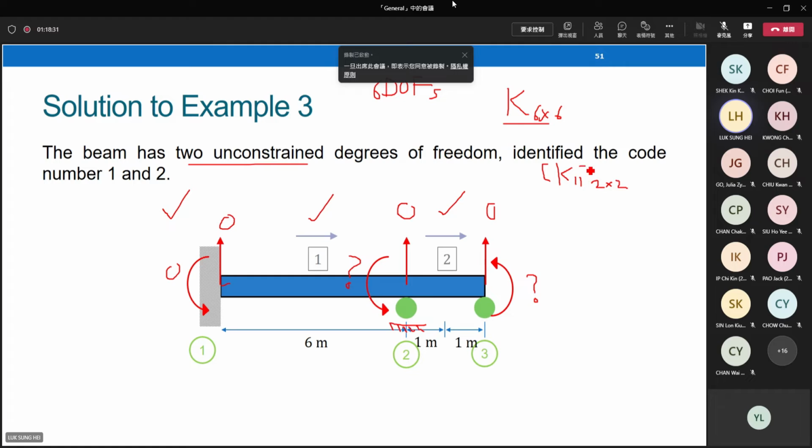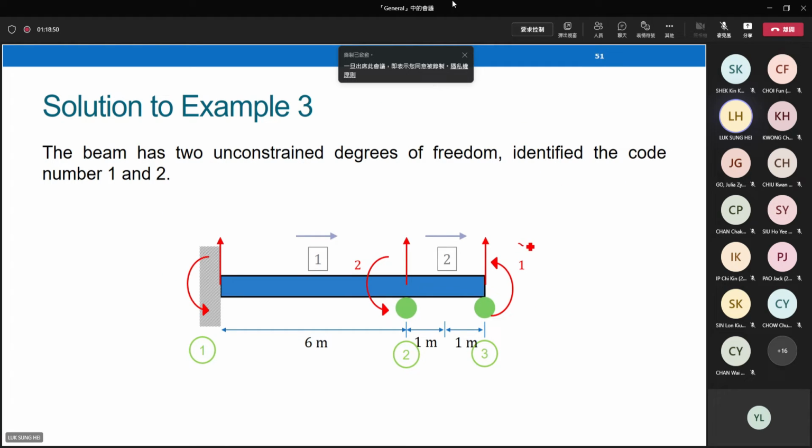It's relatively easy to solve in these problems, although it's not complicated. And then you can assign code numbers, starting from the positions with question marks. My assignment: assign the code numbers starting from the right-hand side here, 1 and 2. 1 and 2 are used to describe the positions with unknown displacements.